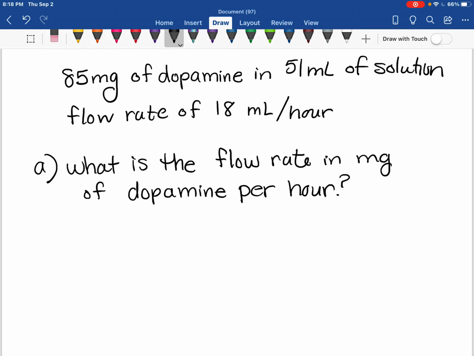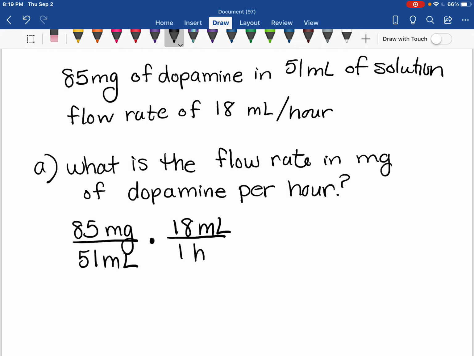So we're going to start with what we know. We have 85 milligrams in 51 milliliters of solution. We're given that the flow rate is 18 milliliters for every hour. Since I want my milliliters to cancel, I'm going to put 18 milliliters up top, and that is for every hour.